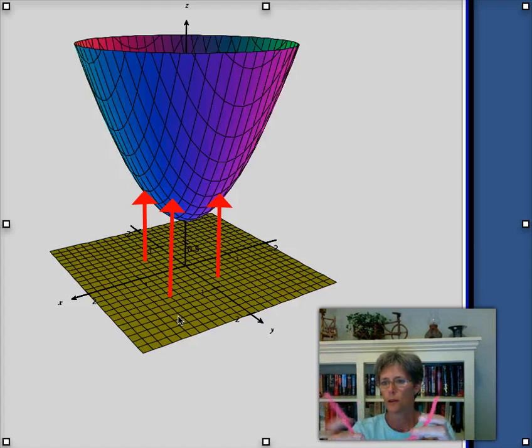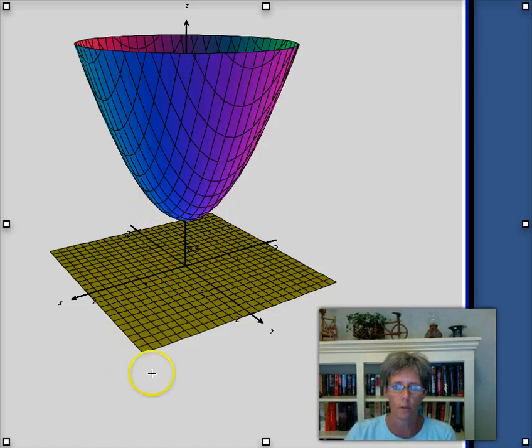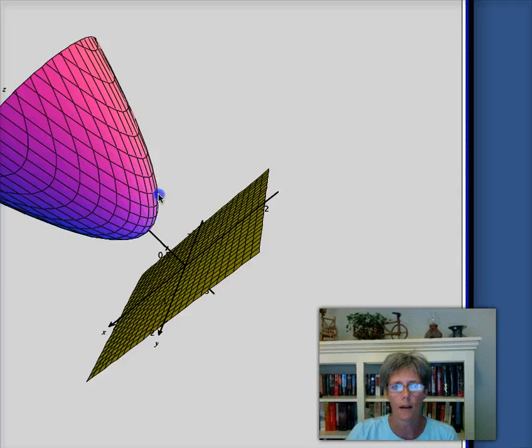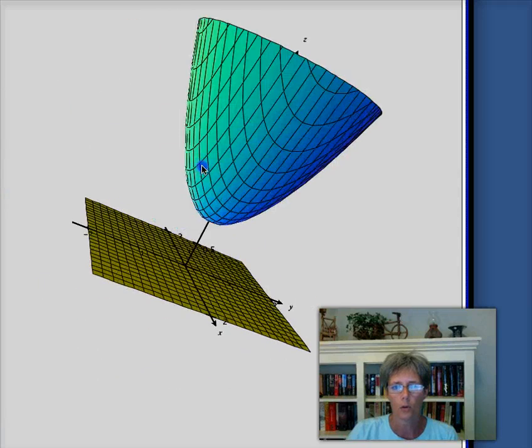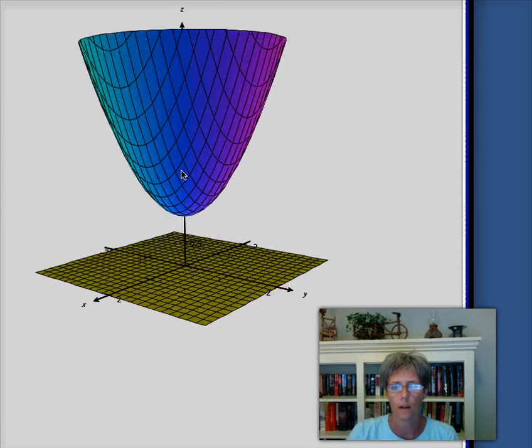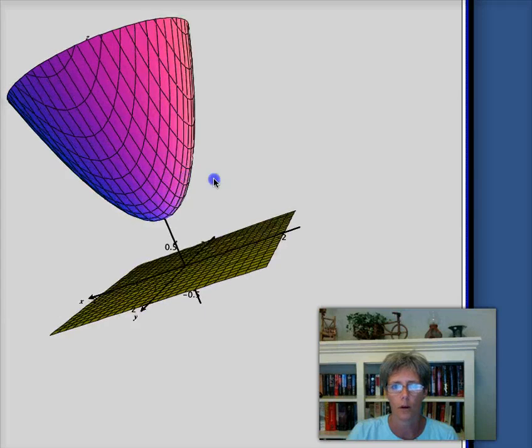Okay? So in 2-space you get these two-dimensional wire graphs, and in 3-space you get surface graphs. Okay? Surface graphs. So when you spin these things around, it's a whole surface that you're seeing here, not just a wire part of it.